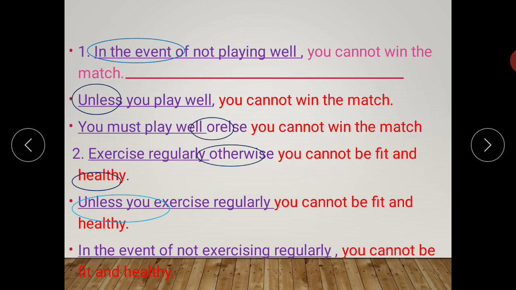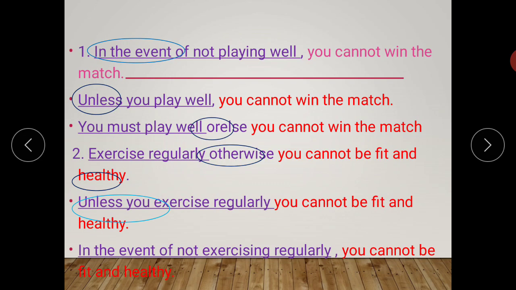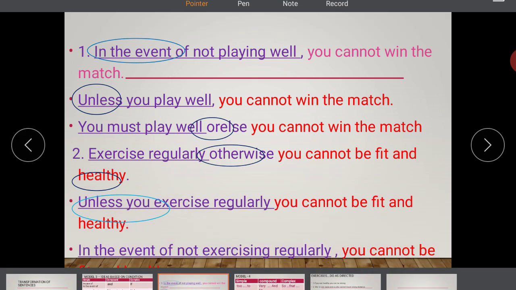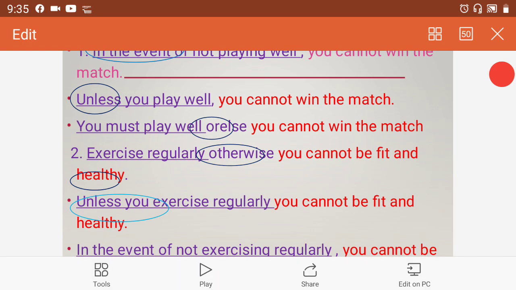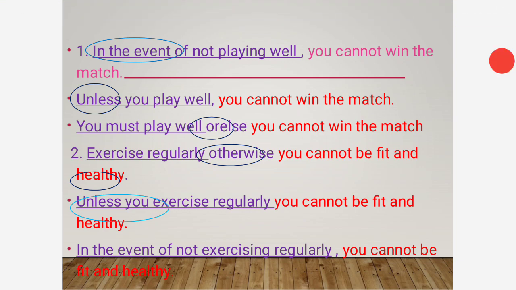Okay, if it is a negative form, in the complex sentence we need to use what? Unless. So unless, I'm taking this you here: unless you exercise regularly. Unless you exercise regularly, you cannot be fit and healthy.